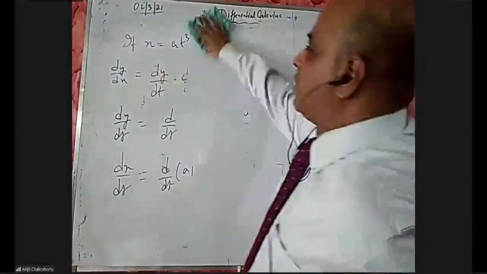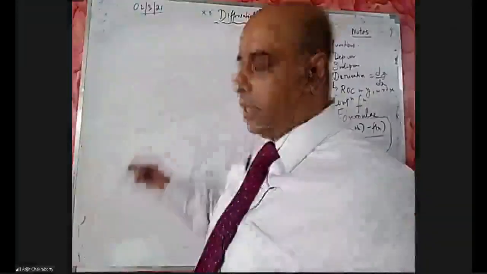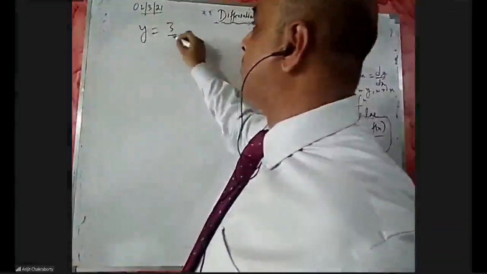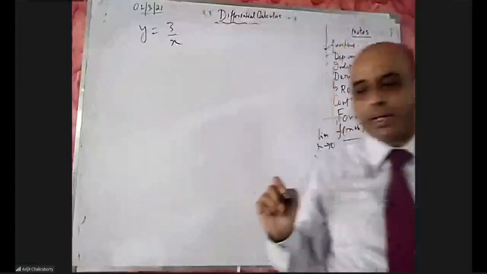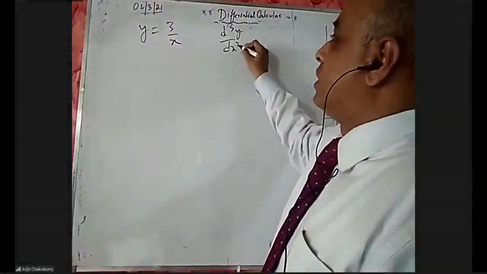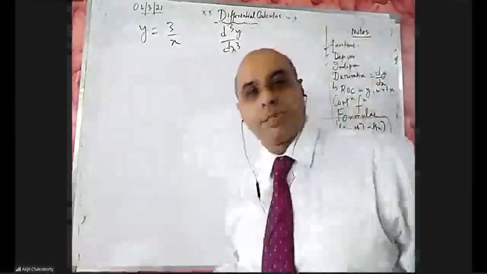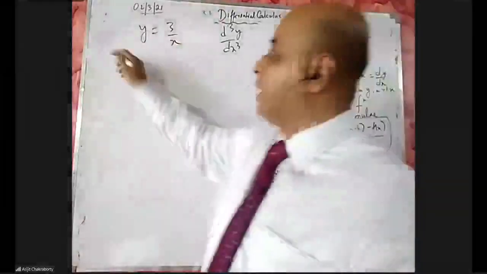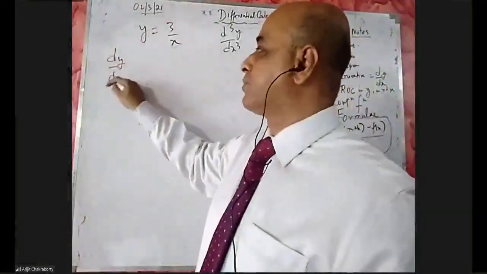Multiple differentiation. Okay. Parametric is done. Now we'll take multiple differentiation. It's given that y is equal to 3 by x. We have to find d cube y by dx cube. That means we have to differentiate it 3 times. So y equal to 3 by x, let me find dy by dx first.